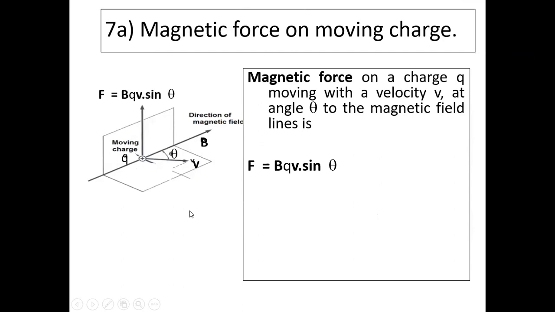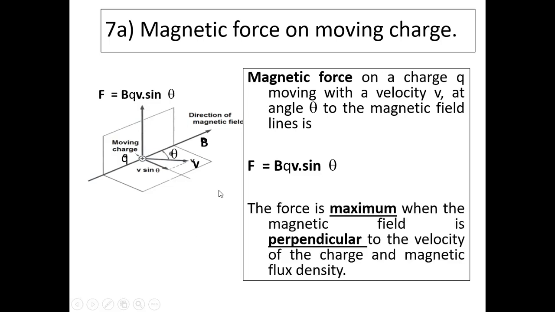So that's the force there, the magnitude. That's your V sine theta, perpendicular to the field. Either you take B perpendicular to V or V perpendicular to B, same thing. So that is the magnitude if it's at an angle.